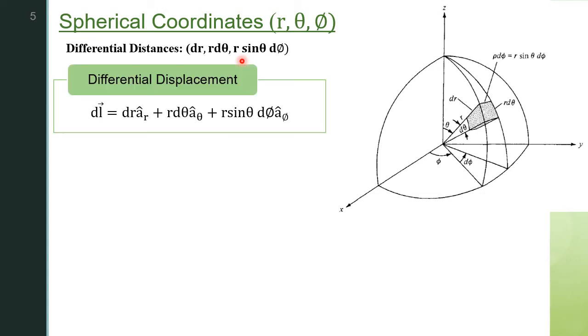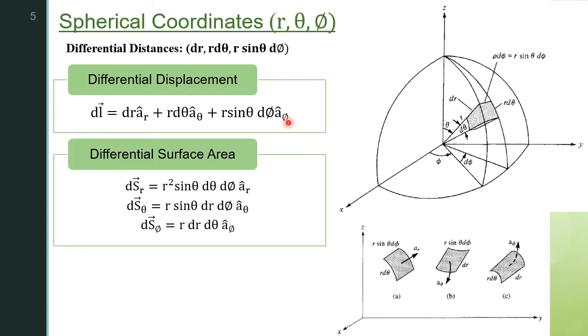The differential displacement vector can be written as dl equals dr ar cap plus r d theta a theta cap plus r sin theta d phi a phi cap. This gives us the differential displacement vector.